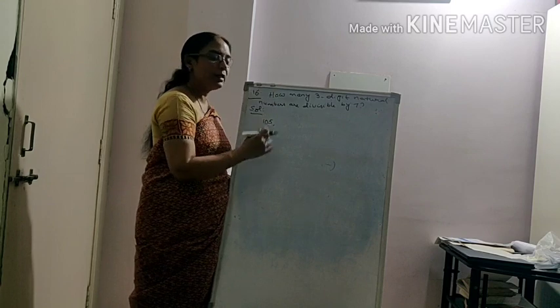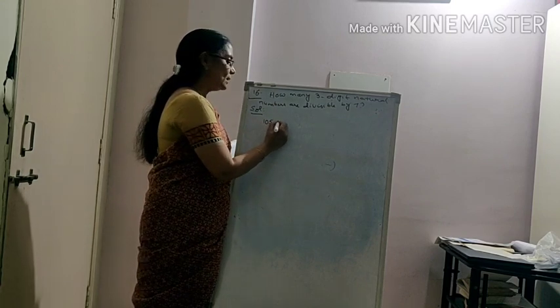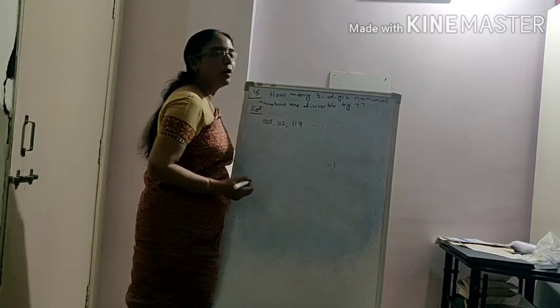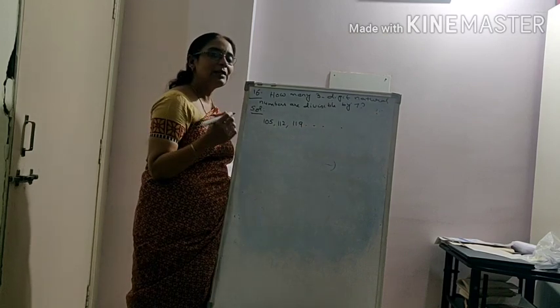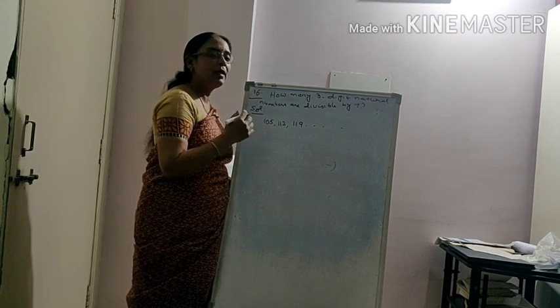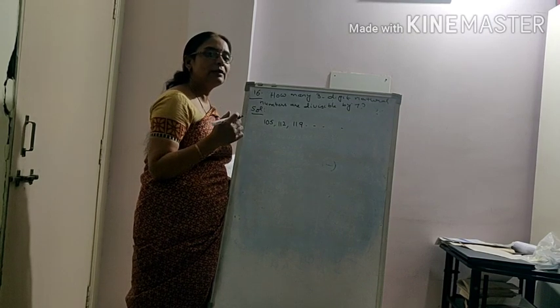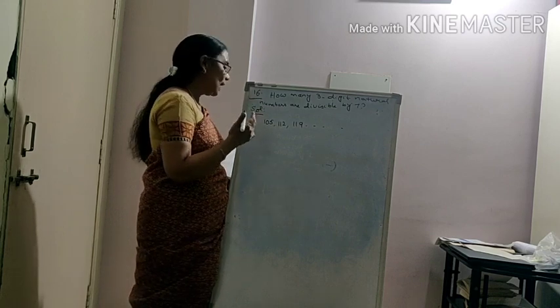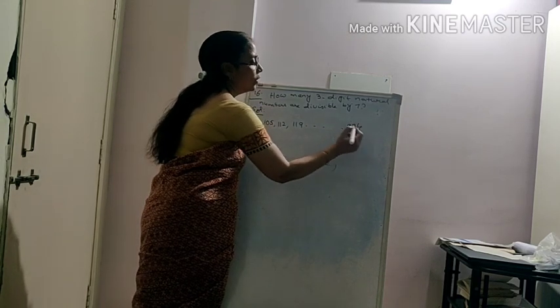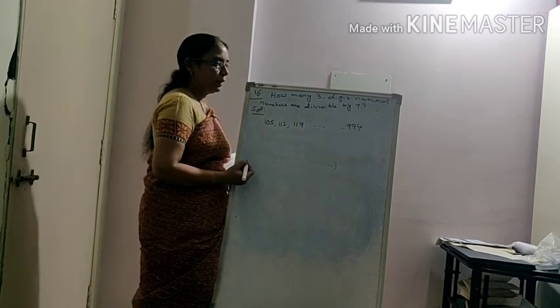The difference will be 7. 105 plus 7, 112, 119 and so on. The last term is 1000, but that is a 4-digit number. So 999 is the last 3-digit number, so it should be less than that. So it should be 994, which is divisible by 7.